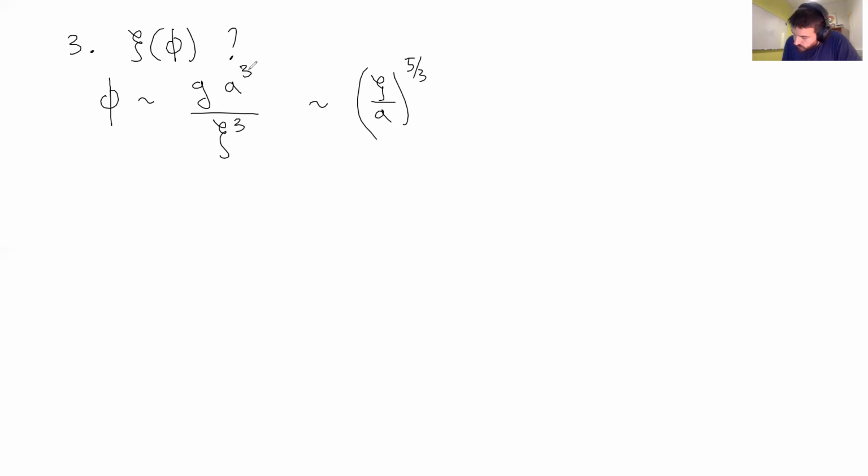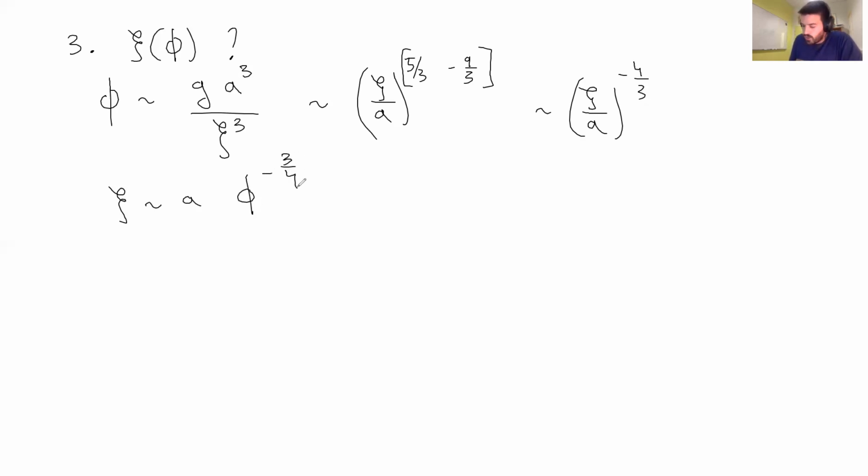And then you have 3 minus 5/3 as an exponent. So this is Xi over A to the power minus 4/3. So I can take the inverse of that, and so Xi is equal to A phi to the minus 3/4. So I have a connection between Xi and phi.